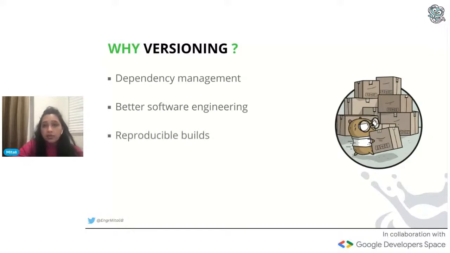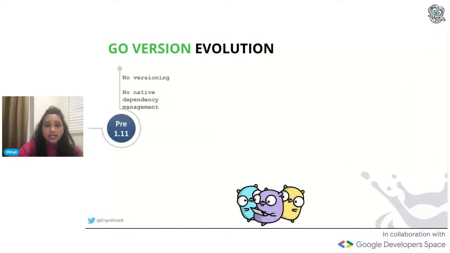And also for reproducible builds: the person sitting here in California should be able to build the same piece of code successfully as the person sitting in any other corner of the world. It should be reproducible everywhere. These are the core components we wanted in the versioning system of any language, and that's why Go put some effort into putting it in place.